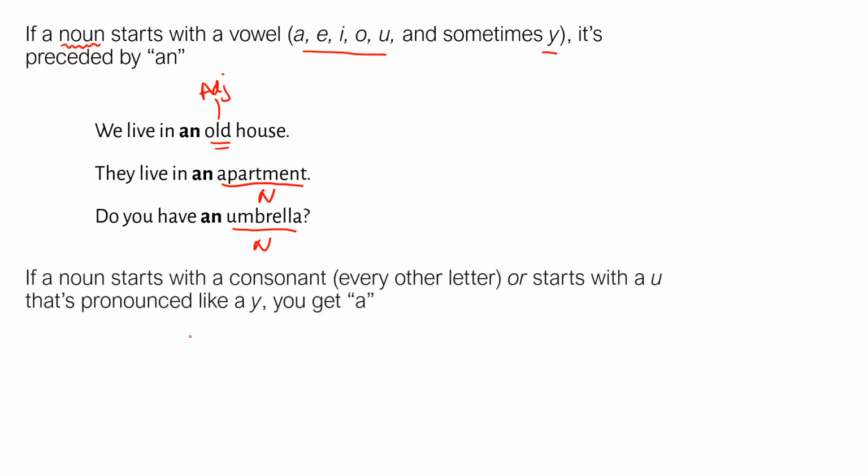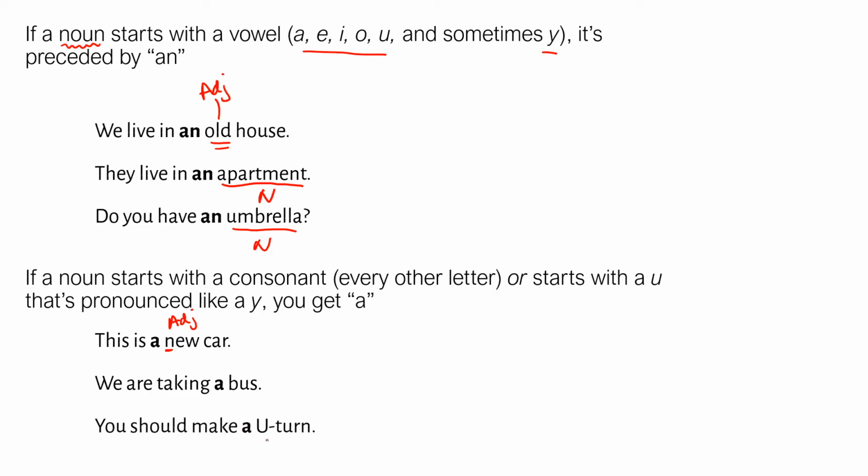If the noun starts with a consonant, which is basically every other letter, or starts with a U that's pronounced like a Y, you get a. So, this is a new car. Again, I have an example with an adjective, not very good, but still. Adjective, a new car. We're taking a bus.